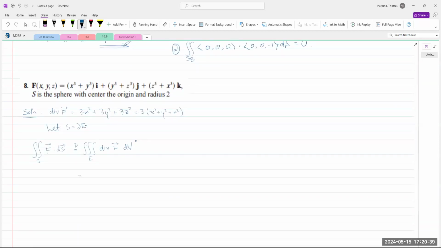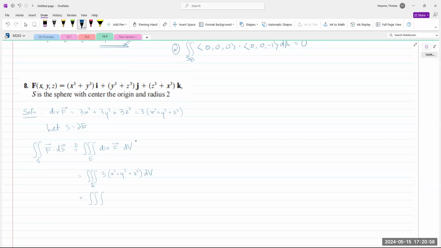So that's the triple integral over solid E of 3 times (x squared plus y squared plus z squared) dV. But if we think about this, this is a ball centered at the origin with radius 2.